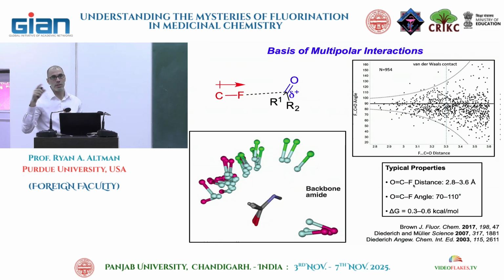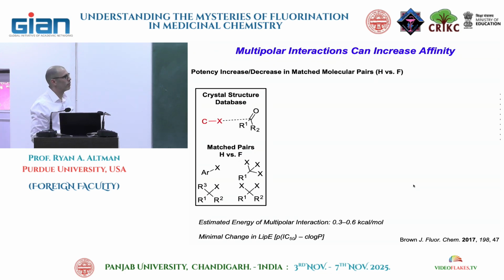The energy associated with this interaction is about 0.5 kcal per mole. A little more, a little less. There's a little bit of error there. But it's a reasonably weak interaction, but it can be pretty profound in drug discovery campaigns. So in a follow-up manuscript publication, a series of matched pairs were analyzed, and in this case you'll have like H versus F, CF3 versus methyl, CF2 versus CH2.